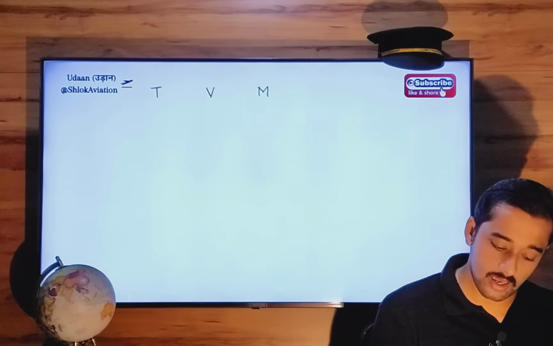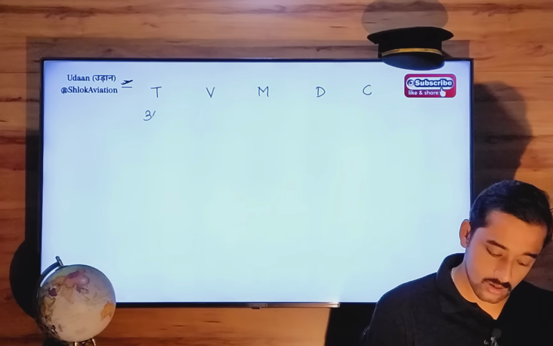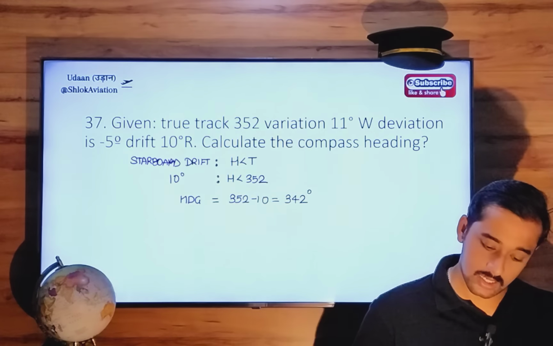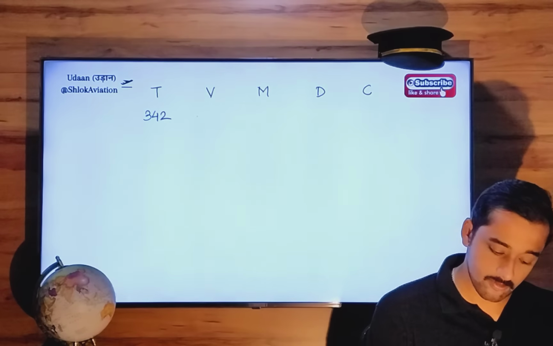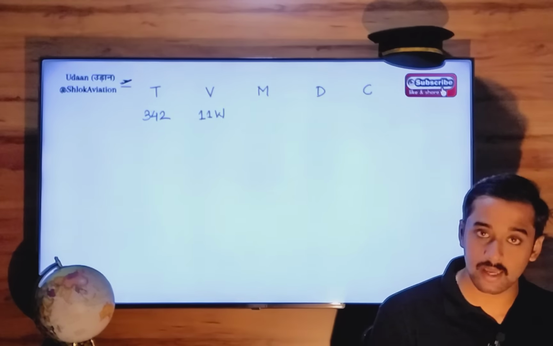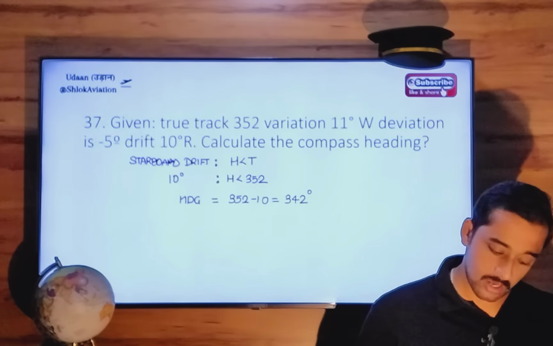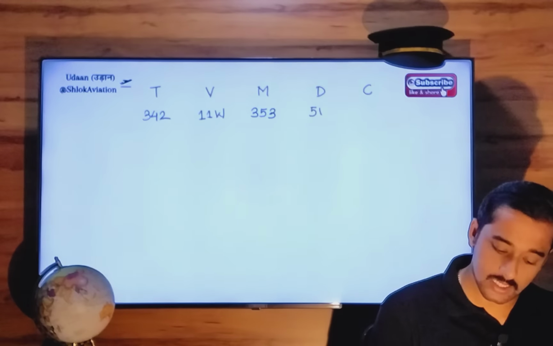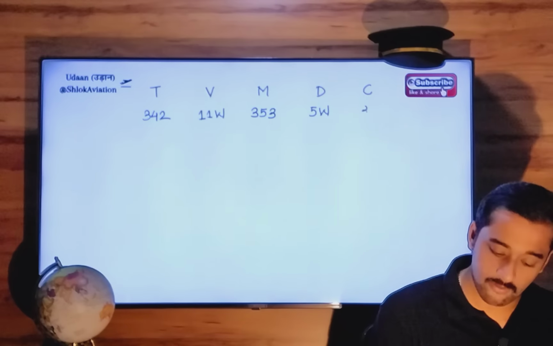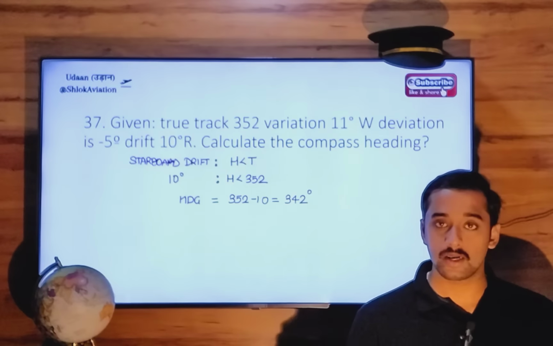So true heading, variation, magnetic, deviation, compass. True heading is 342. Variation is 11 west. Magnetic will be what? 342 plus 11. Variation west, magnetic best. So 353. Deviation 5 west. So 353 plus 5 is 358. So compass heading will be 358 degrees.